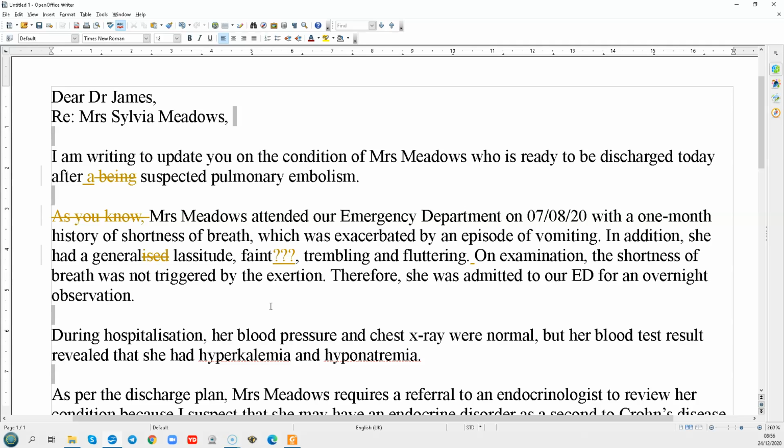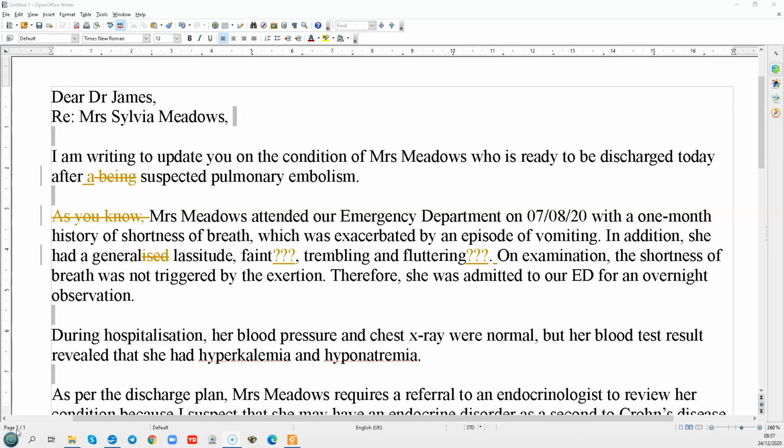So she was feeling faint, but that's not very clear. "Trembling and fluttering." Trembling and fluttering what? What do these two verbs refer to? What was fluttering? I'm not really sure. So that's not very clear to the reader.